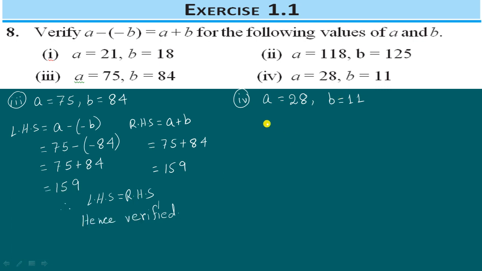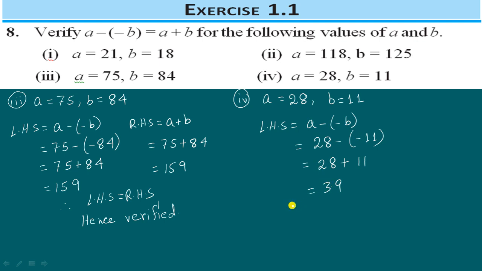Now left hand side is equal to a minus of minus b. That is, we are putting the value 28 minus of minus 11, so we are getting 28 minus into minus is plus 11. 8 plus 1 is 9, 2 plus 1 is 3, 39.